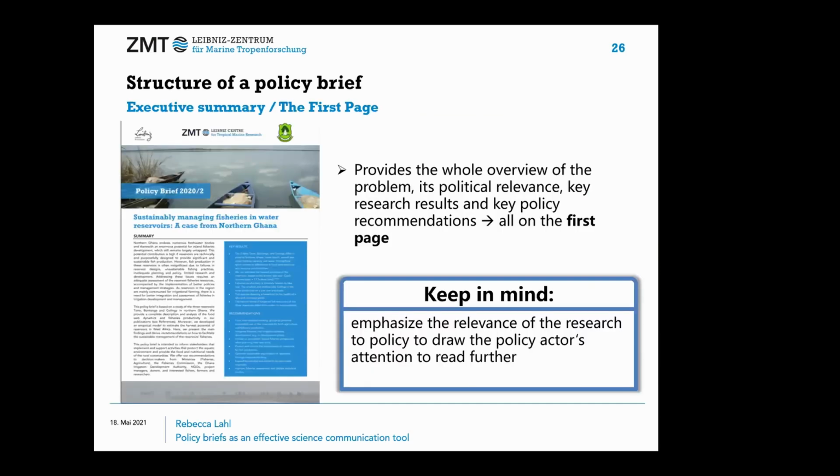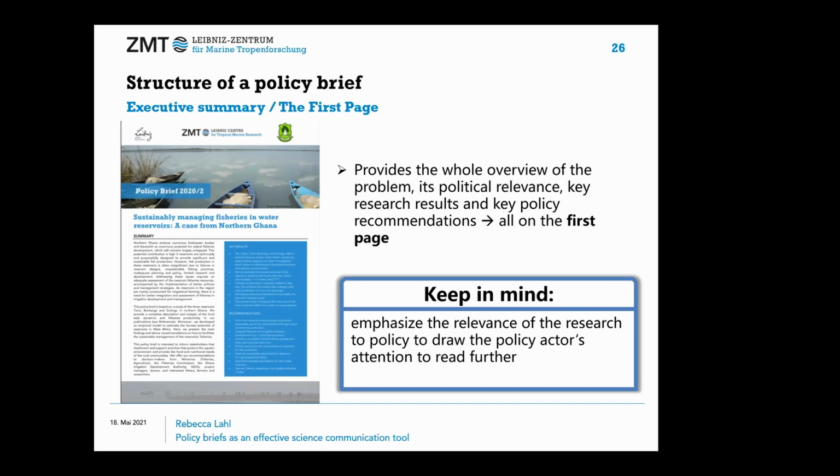I think for a policy brief, the first page is the most important. So it's good to have everything on the first page, a good summary, and also some information about the results and the recommendations. In our policy brief, we have this blue box that you can see here, where we have key results and recommendations.